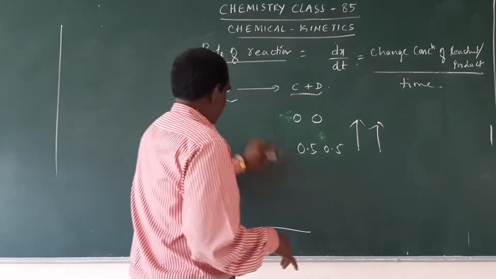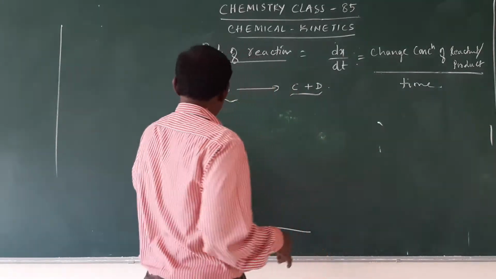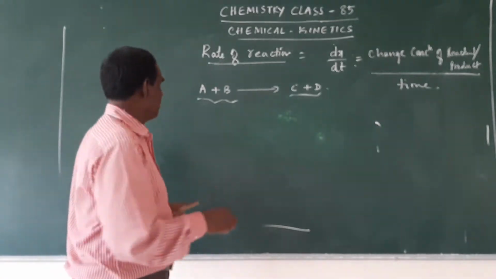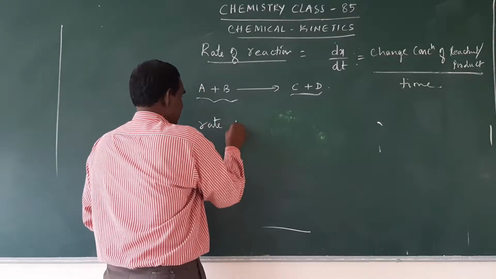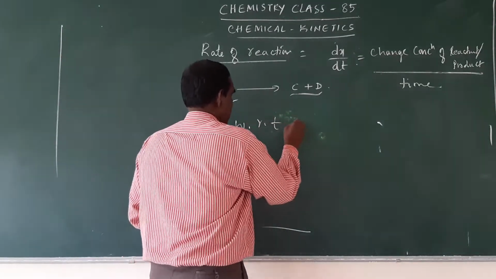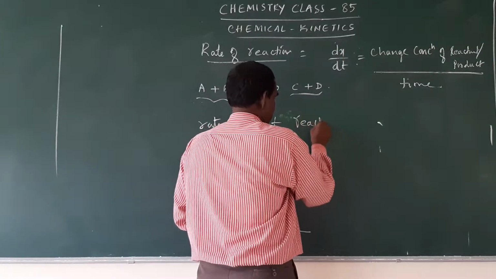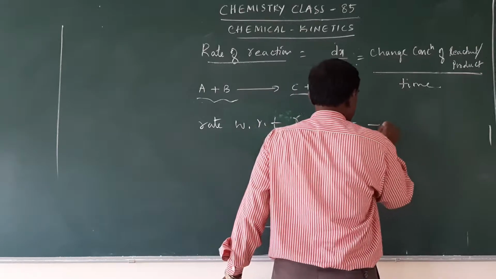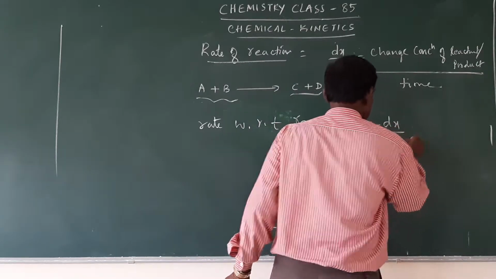For example, generally the concentration of the reactant will decrease. Therefore, the rate with respect to reactants can be represented as minus dx by dt.